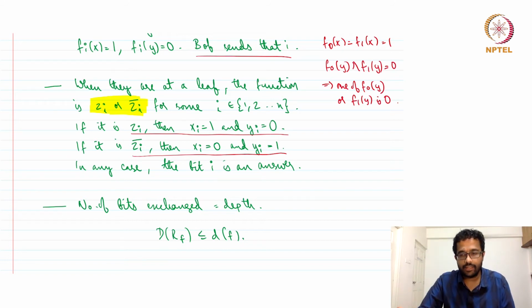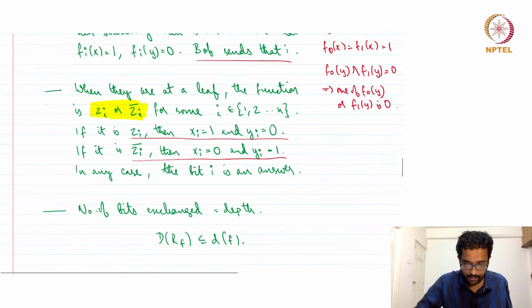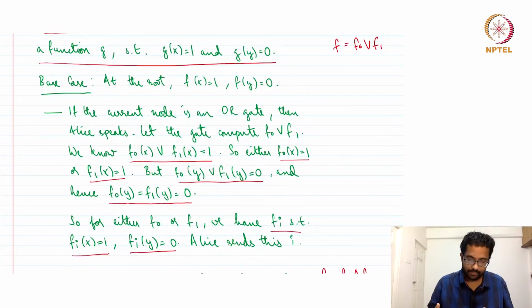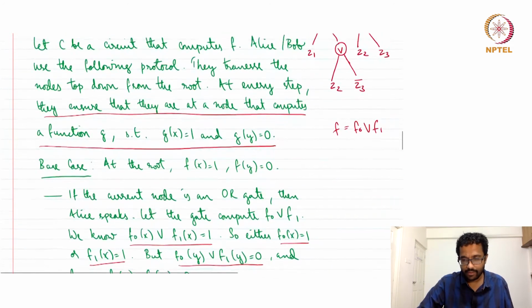We check what the leaf of the circuit indicates: if it is either Zi or Zi complement, we set the leaf of the communication complexity protocol to output the index i, and that completes it. So the proof was kind of descriptive. The correctness was kind of included in the procedure, right?